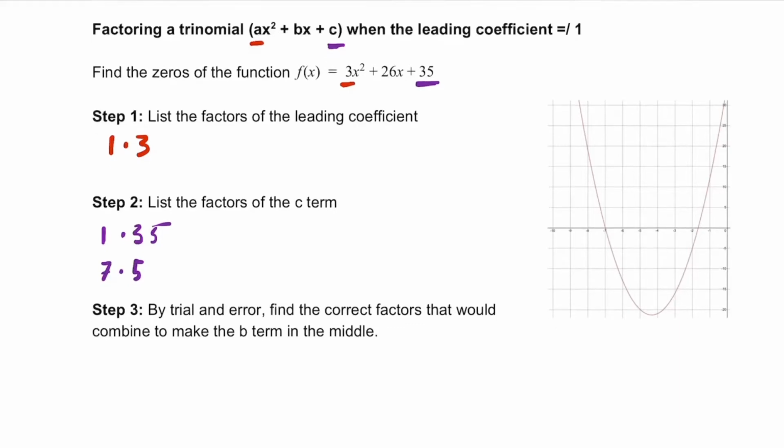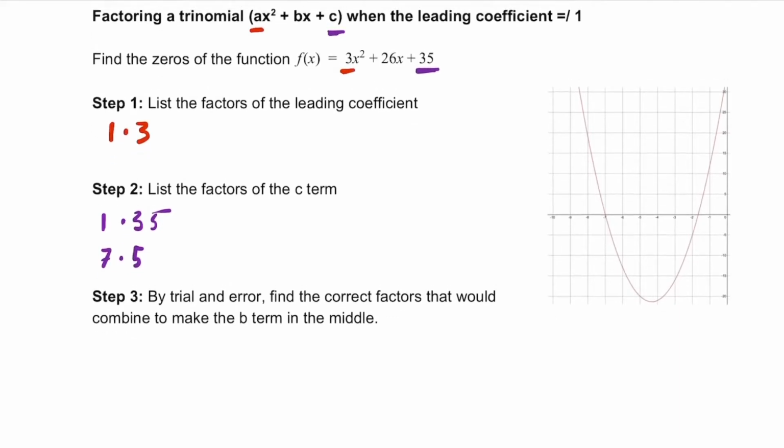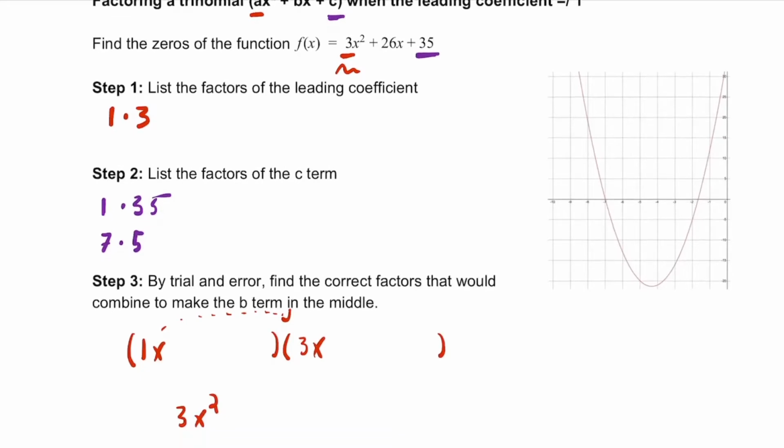Those are the only factors of 35. And so we know to make 3x squared, there's only one way this is going to set up. This is going to set up with a 1x and a 3x, right? Because if you multiply these things out, 1x times 3x is 3x squared.